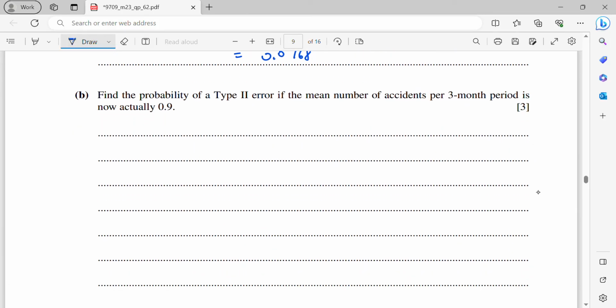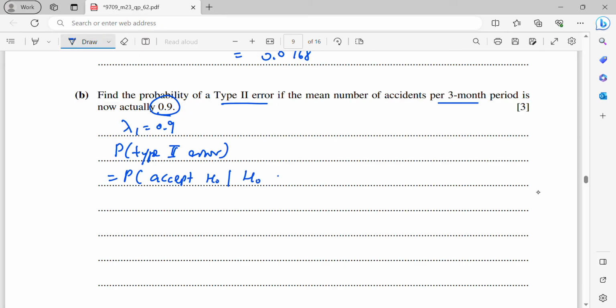Okay, B, find the probability of type 2 error if the mean number of accidents per 3-month period is actually 0.9. So now your lambda 1 is 0.9. Now, the probability of type 2 error. The definition of type 2 error is accept H0, given that H0 is false.